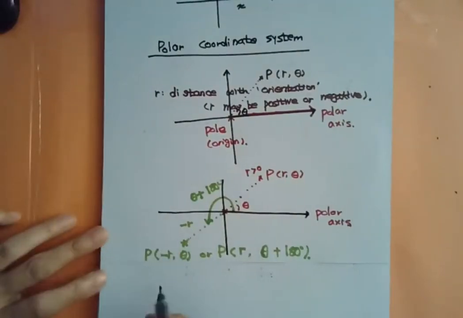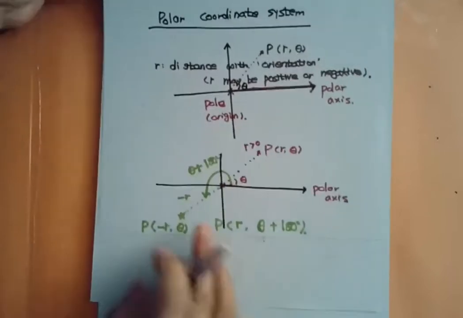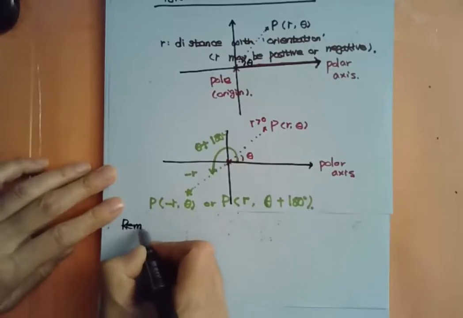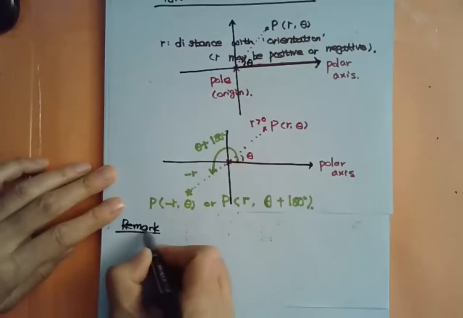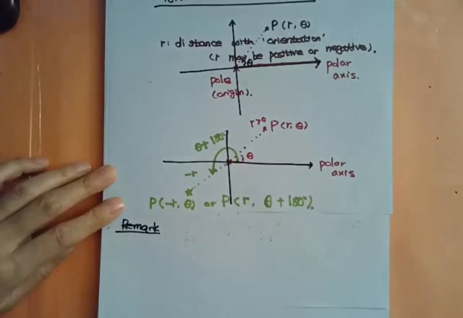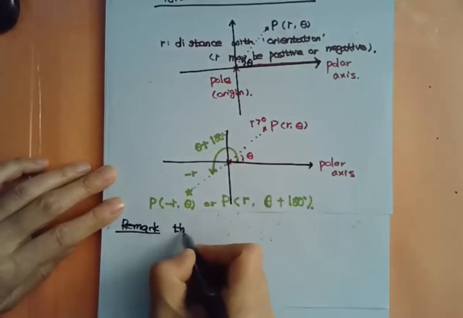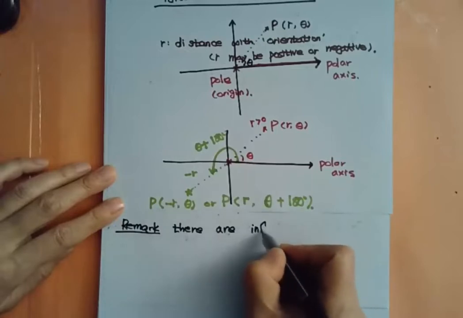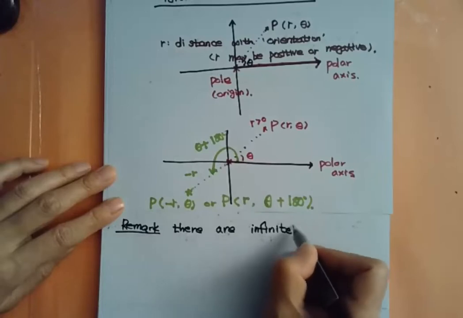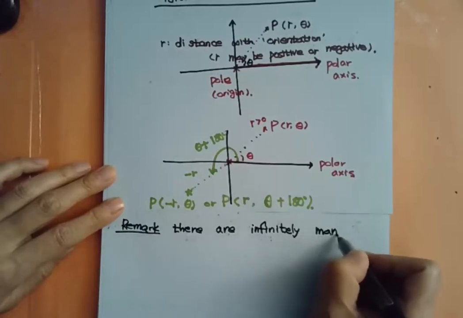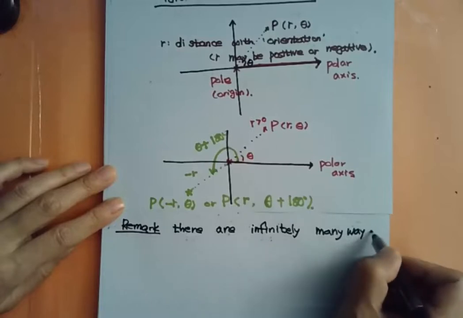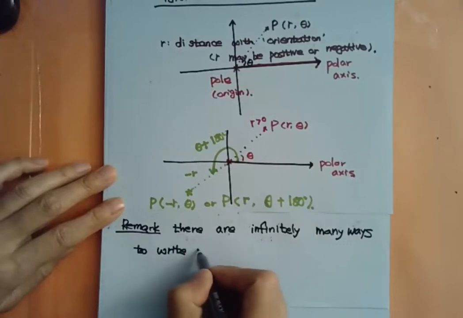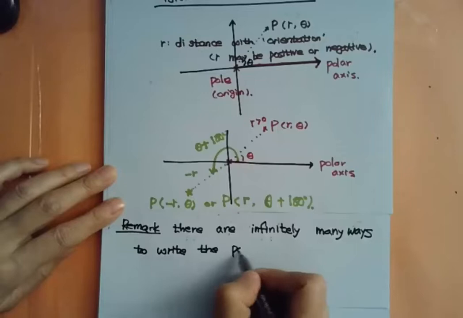So the distinct nature of the polar coordinate system is that we have infinitely many ways to write the polar coordinates of the point.